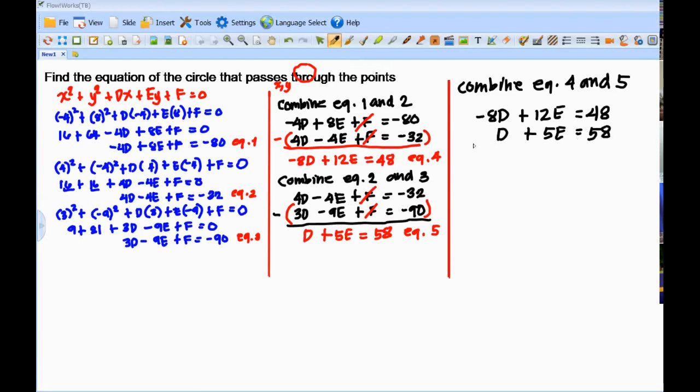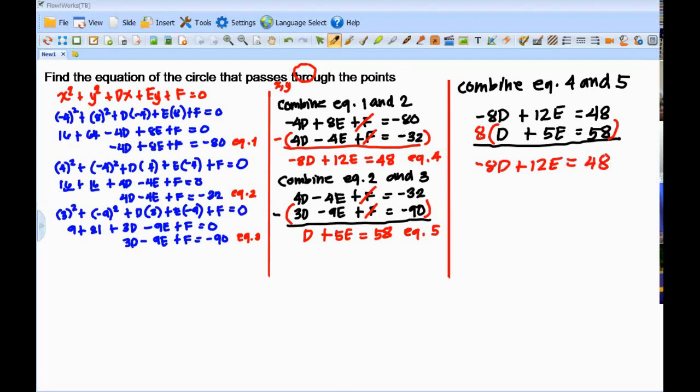Now, for me, it's easier to eliminate the variable D, because you can multiply this by 8, so that it will be the same as the D on the top part. So let us rewrite our equation. The top equation: negative 8D plus 12E equals 48.